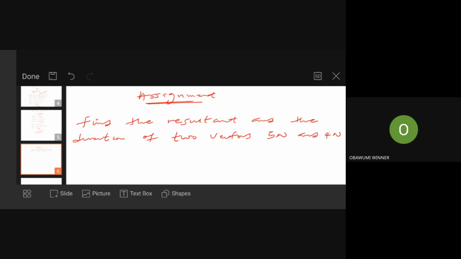Find the resultant and the direction of two vectors, 5 Newton and 4 Newton, acting at a point O at an angle of 30 degrees with each other.